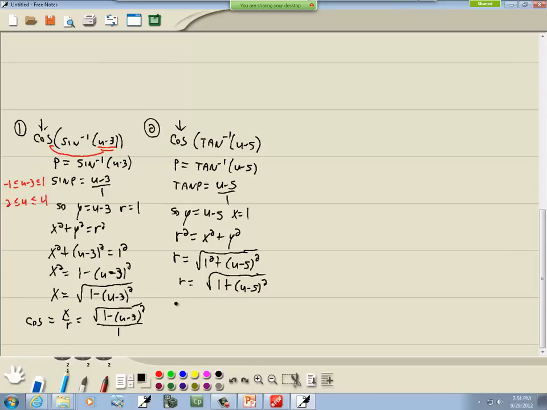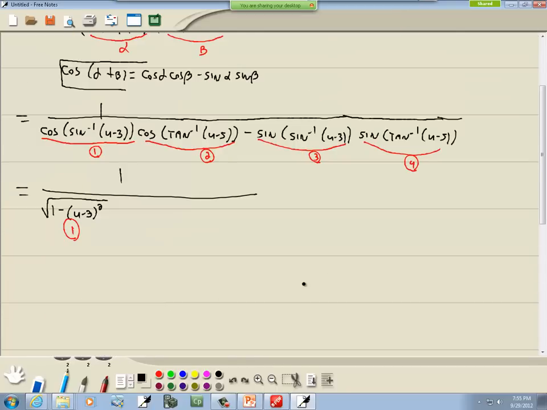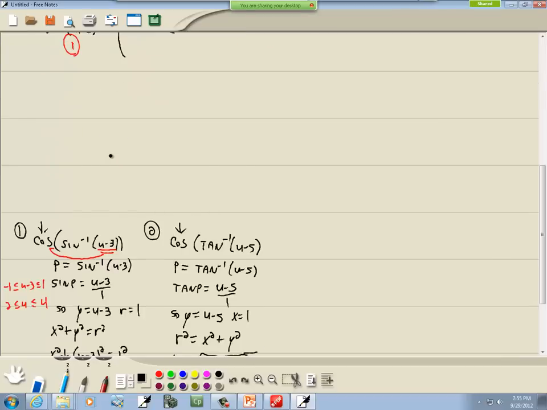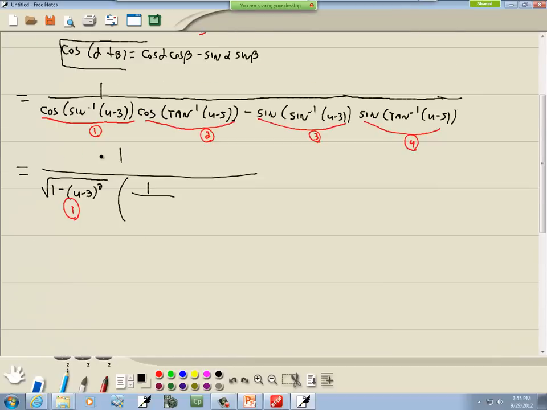And cosine is x over r. x was 1, so we have 1 over this square root, 1 plus u minus 5 squared. So let's go put that up there. 1 over square root of 1 plus u minus 5 squared. Minus.